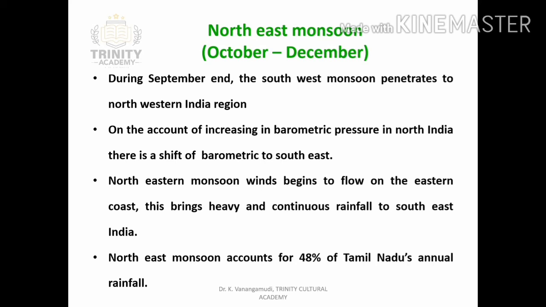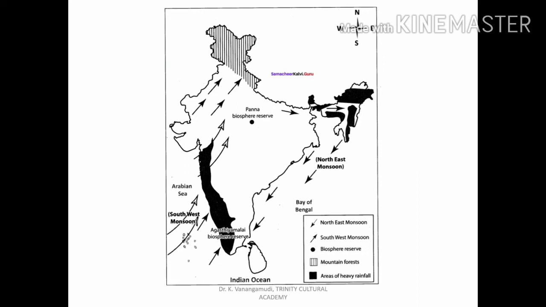This map very clearly expresses how the southwest monsoon and northeast monsoon are taking place and how they benefit different parts of India.